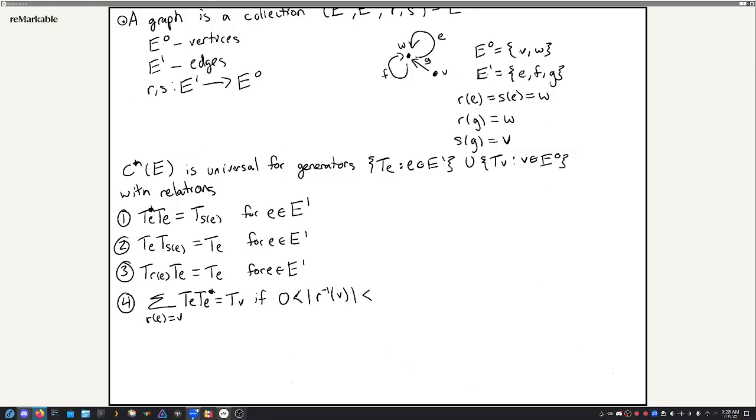So we require also that the set of edges which point into v is finite. Now this relation is for the vertices, so you add this relation in for each vertex that satisfies this condition.